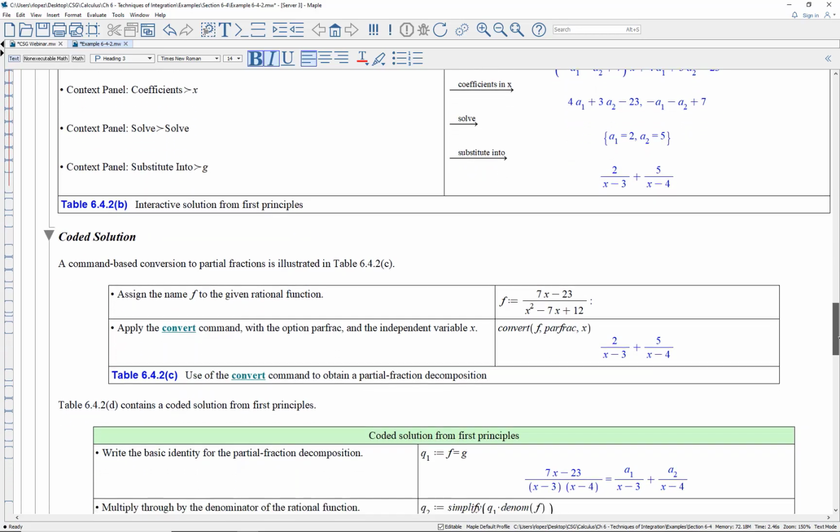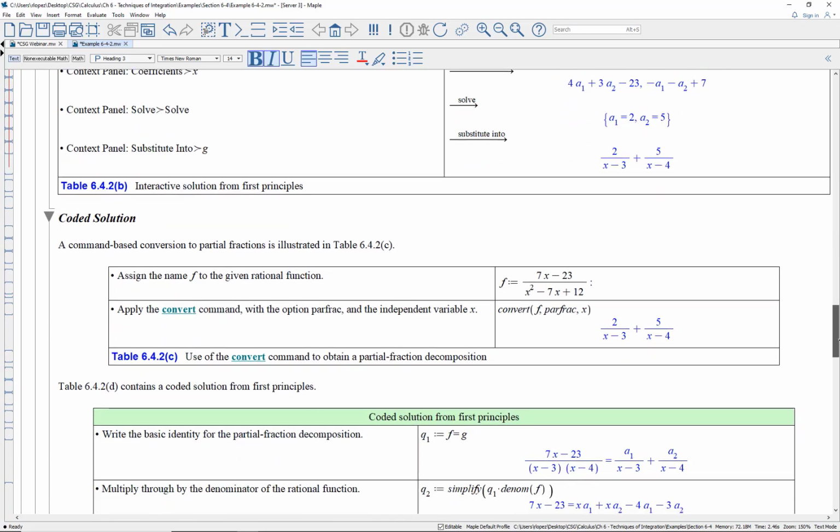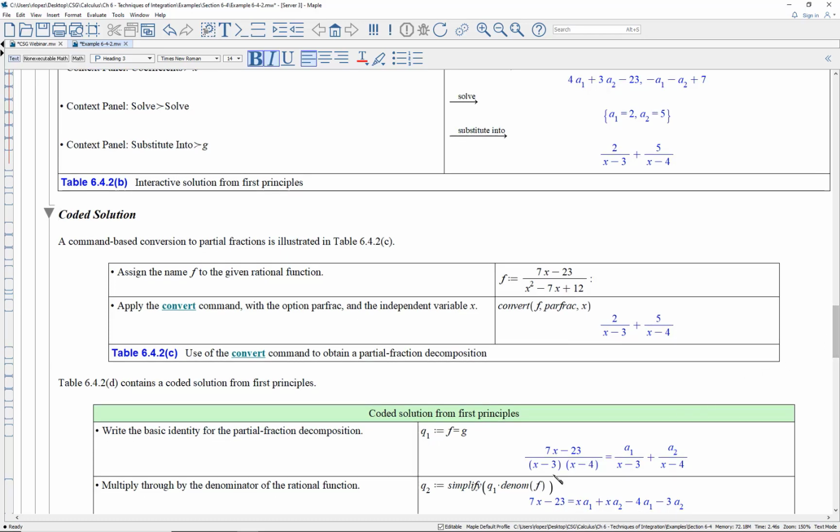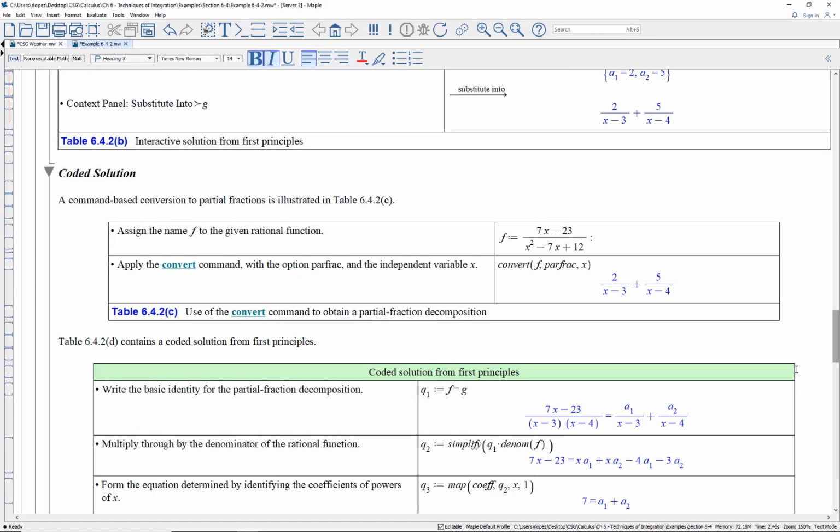To work with Maple commands and implement the stepwise solution, let's write f equals g. Get the denominator, that's this product, multiply this equation by that, and simplify.